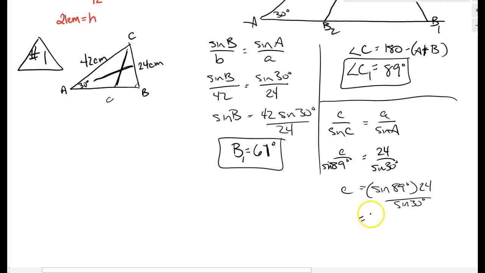And again, I get 47.99. I round to the nearest tenth, so I'm going to go 48.0 centimeters. Always include units, degrees for your angles, and measurements here. So that's C1. So that's all triangle 1.